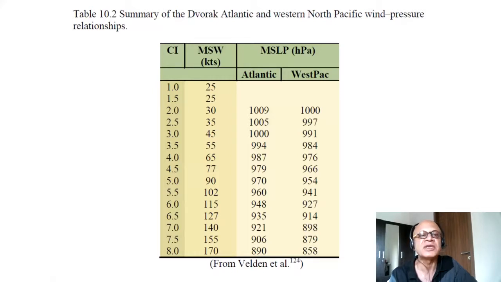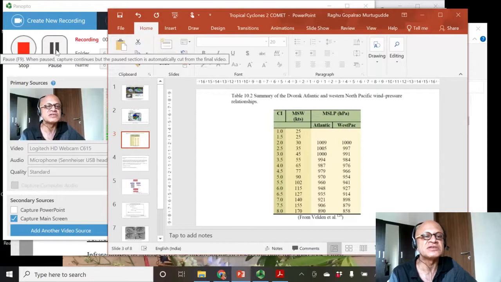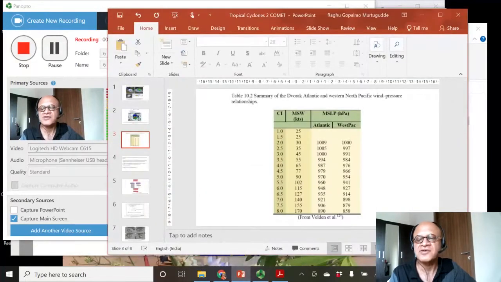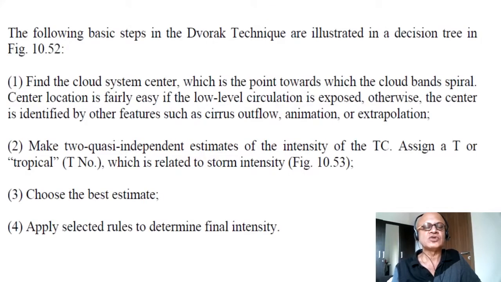Let me make sure that CI is in fact, yeah, it's just the wind pressure relationship. Okay, sorry, the CI is current intensity. So that gives you a sense of how multiple data are combined to define intensity.